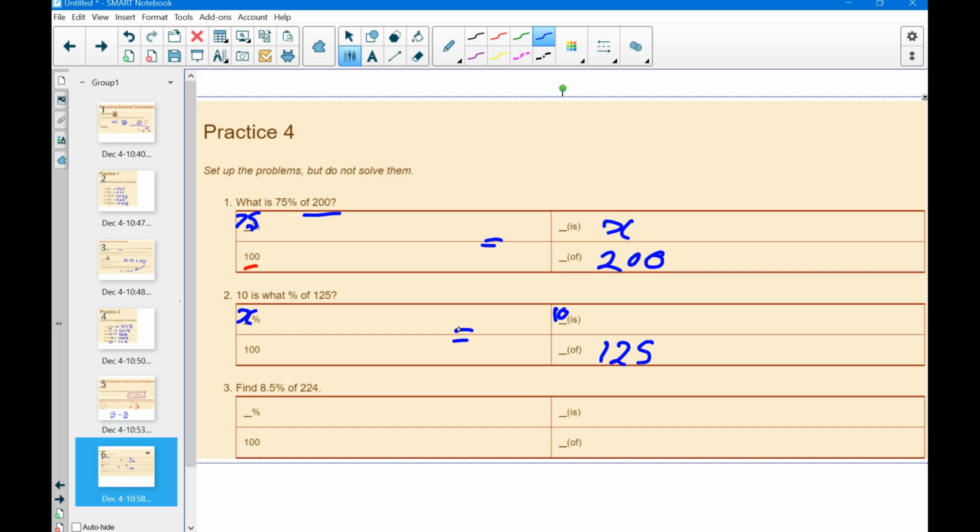Once you get that done, it's just cross multiplying as before. So we see here we have 8.5%, so the 8.5 goes up here, of 224, the of is right here, 224 goes down here, and this one here is the x part right now, we don't know. Pretty cool. So that's how the formula works, not a problem.